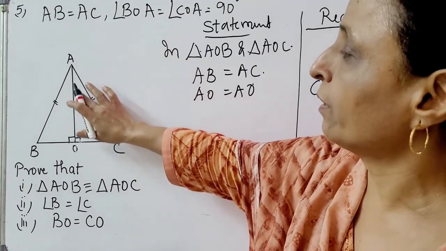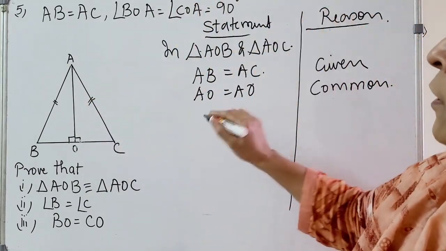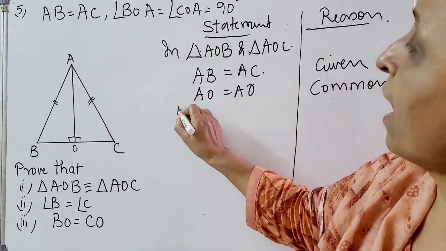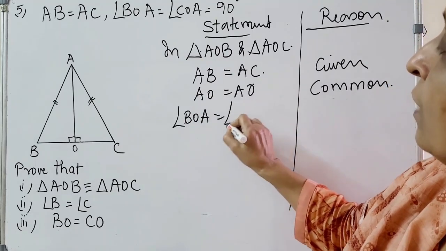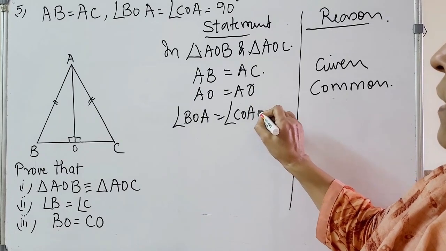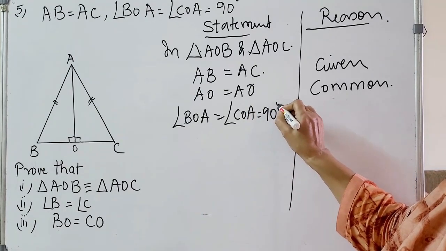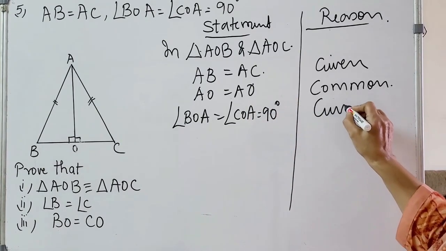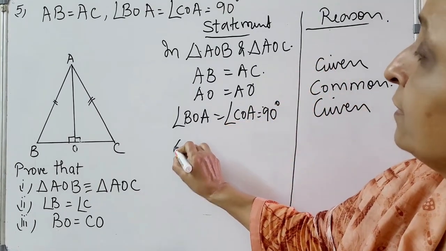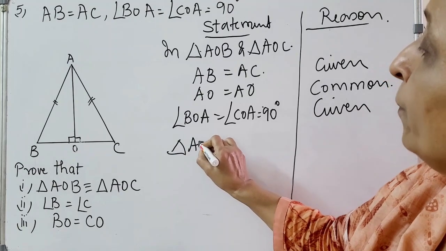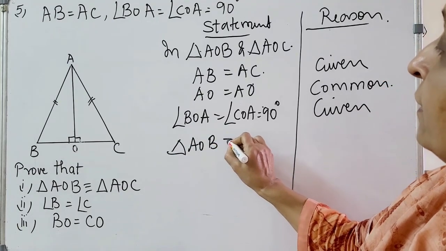One is given and one is common. Now what is given is angle BOA is equal to angle COA is equal to 90 degrees. That is also given.